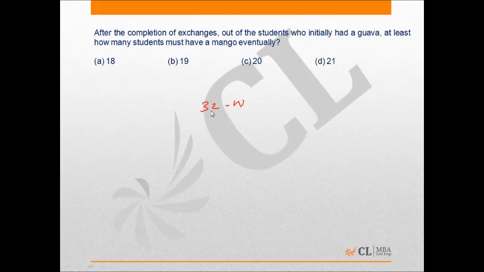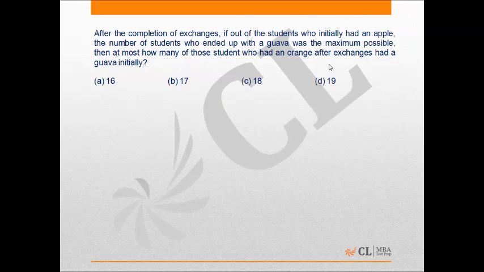It means we have to maximize W, and the maximum value of W can be 11, so the required value will be 32 minus 11, which is 21. Option D is the correct answer. Let's move to the next question.